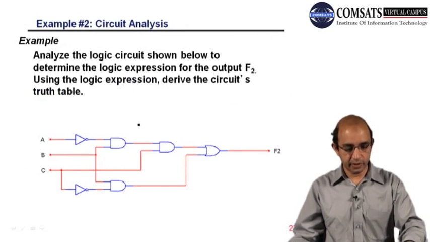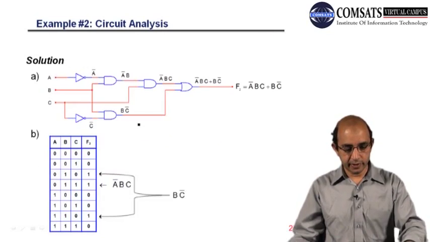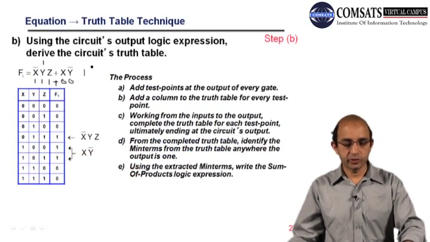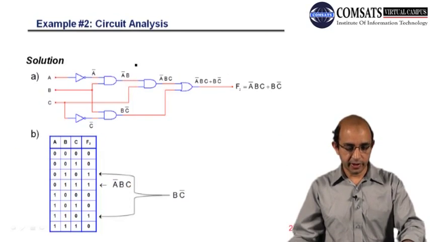So this is the example. You can see that we have the Boolean expressions at the output of each gate, as opposed to the test points. Before we had test points over here, but now we are moving from equation to truth table, so we are doing that.